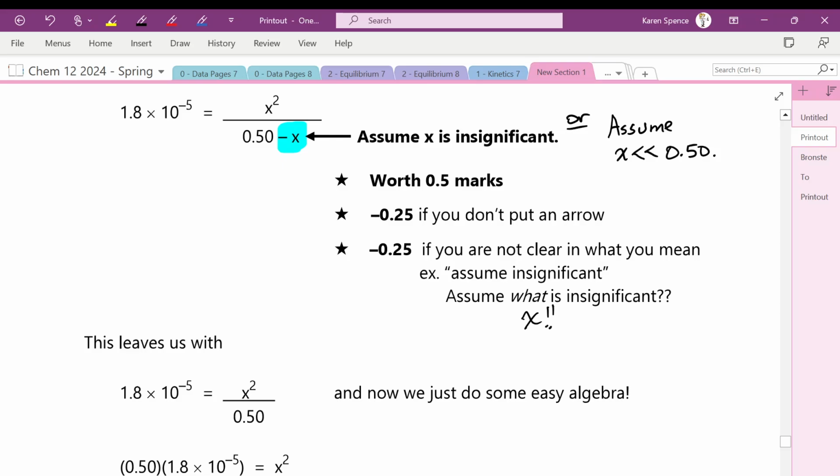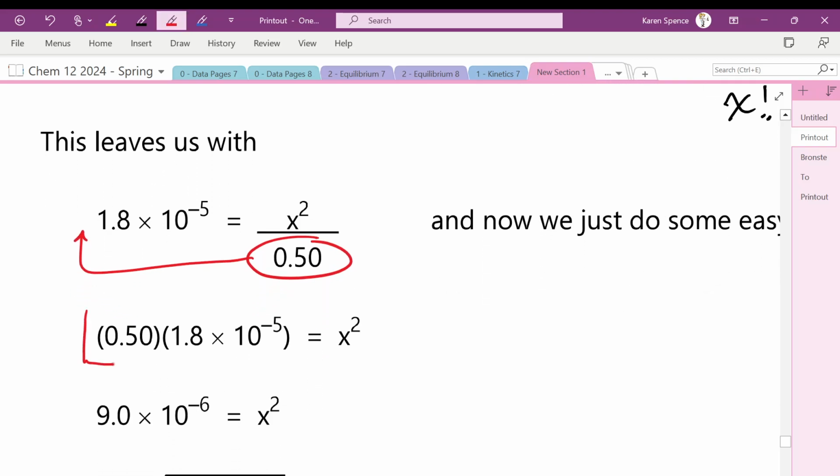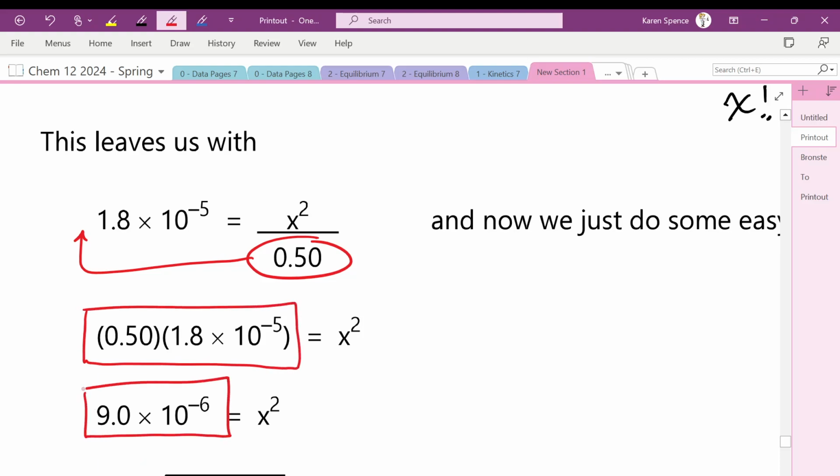Anyway, that leaves us, if we get rid of that X term, we have 1.8 times 10 to the minus 5 equals X squared over 0.5. We'll take the 0.5 and move it up here. Then we will multiply these two guys and get 9.0 times 10 to the minus 6 is equal to X squared.